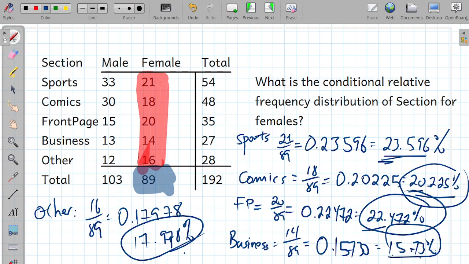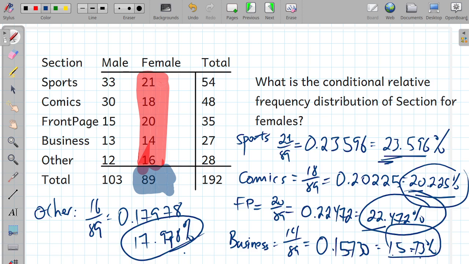If we were talking about the school newspaper at some college or university that has a strong athletics department, and this is like the case at the university where I work at, the female hockey team, the female rugby team, there's a lot of female involvement, and so you would expect the higher percentage of the readership of the school newspaper would be females interested in sports, because even if you don't play the sport, you're probably interested in how your friends are doing.